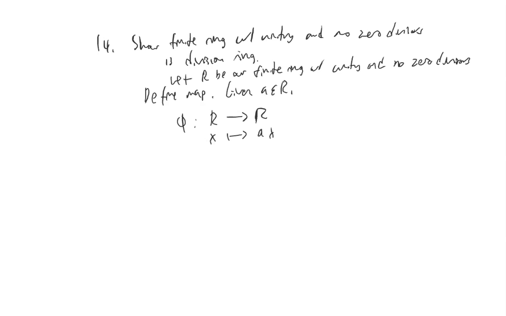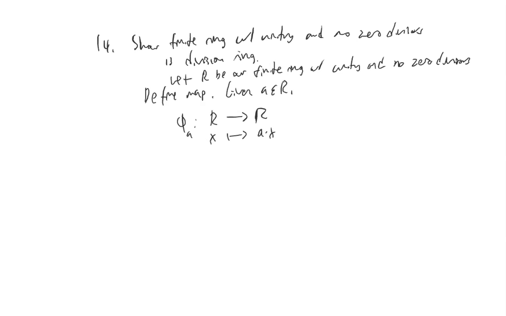The idea is that this permutes every element in R. By permute I mean that this is a bijection, where the operation is multiplication.